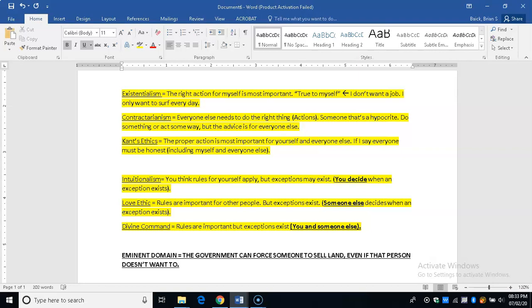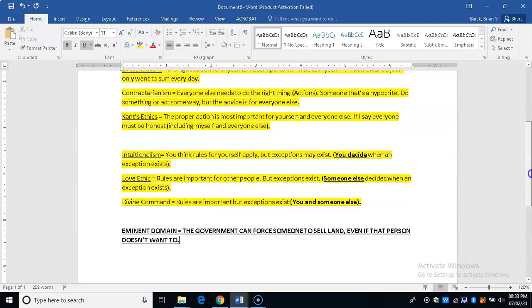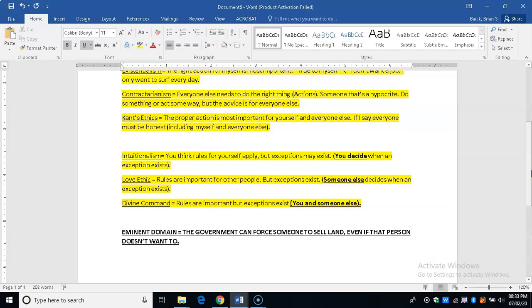Okay, so going back to a previous example, what if the government was going to put a very important highway that's going to help many, many people, and the highway needs to go through my house? If the highway doesn't go through my house, the highway cannot be built.